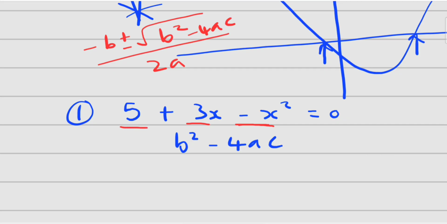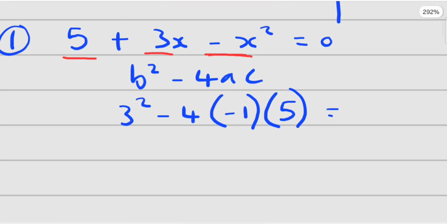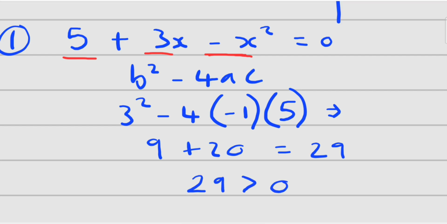So our b squared in this case will be 3 squared, right? And our a will be minus 1, then our c is 5, right? And so this will come down to 9 plus 20, right? So 9 plus 20 is obviously 29, and we can see that 29 is greater than 0, right?